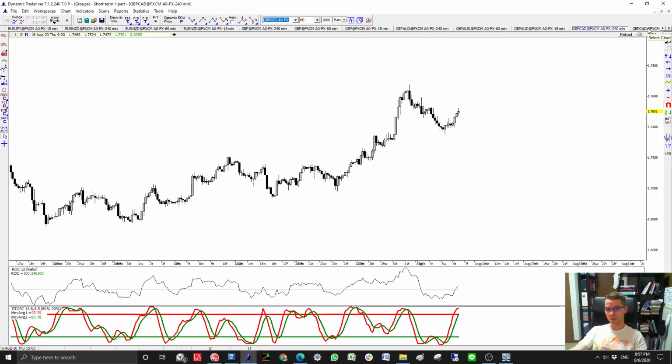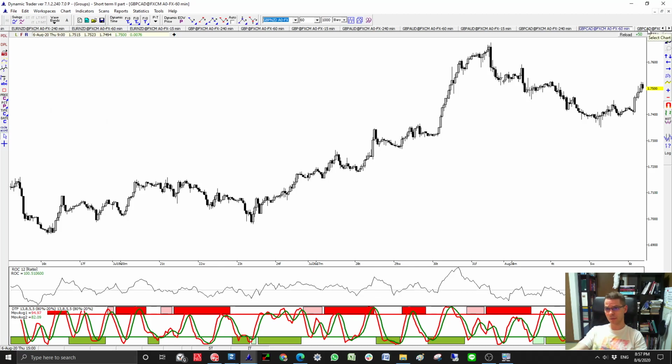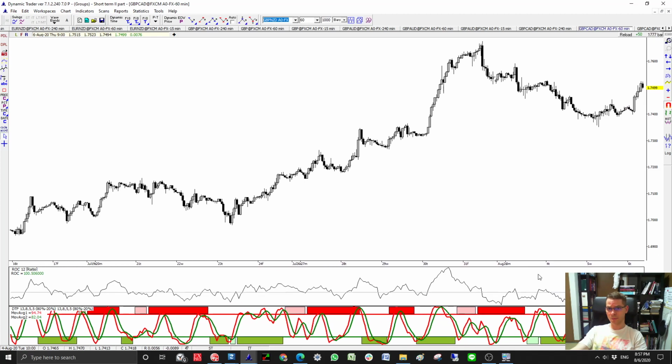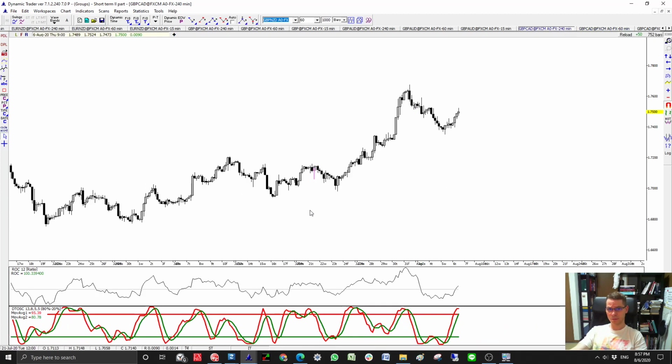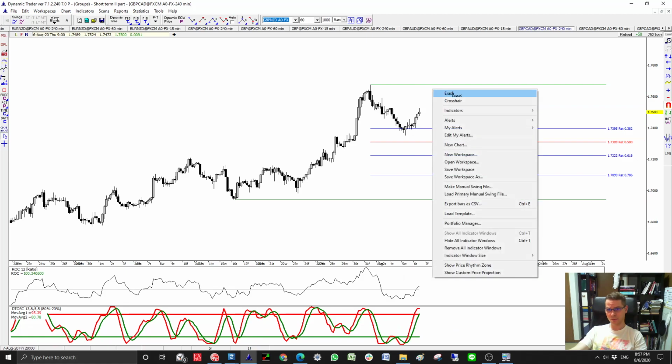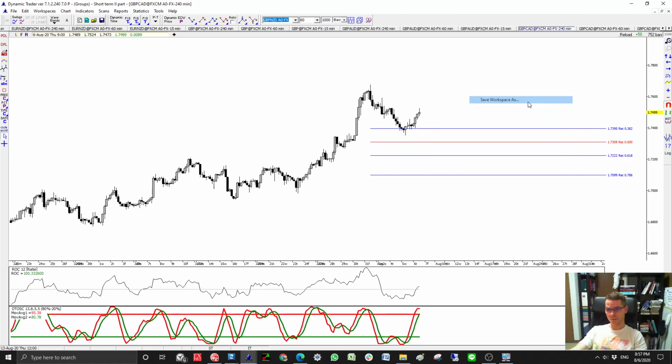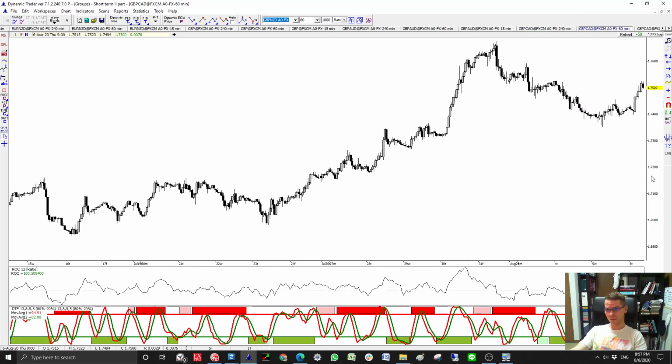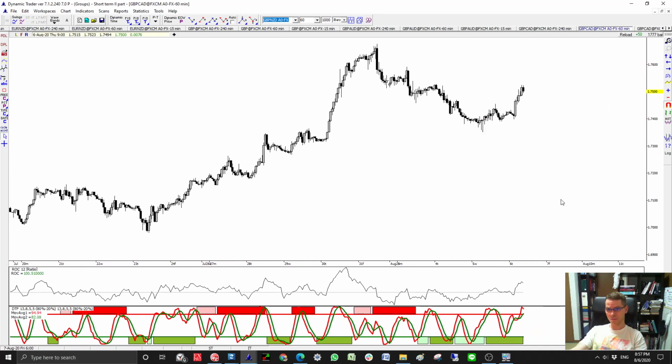Pound CAD seems to follow the same structure here. Let's see, I choose it from down here. Same thing. This is overbought too.